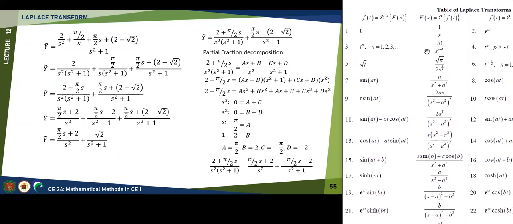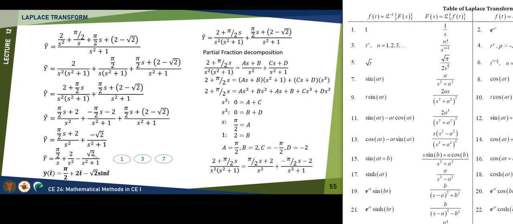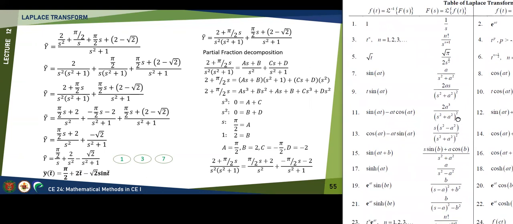Pwede nating ipaghiwalay ito: you will have pi over 2 over s kasi magka-cancel yung s, and then 2 over s squared, then the same term. Getting the inverse is simple lang siya: pi over 2 because that's the first one, 1 over s, 2 over s squared, that's number 3, so ito yung sine.